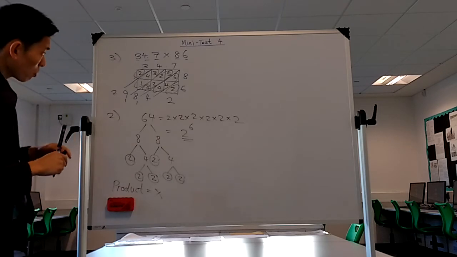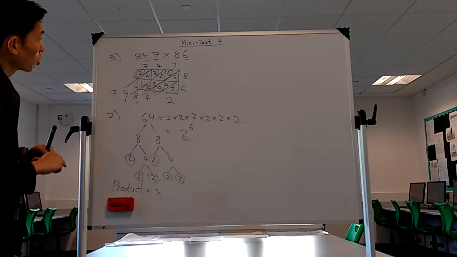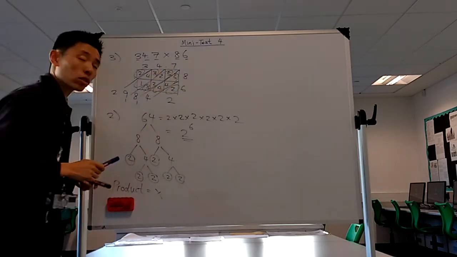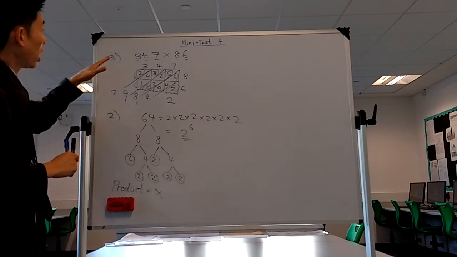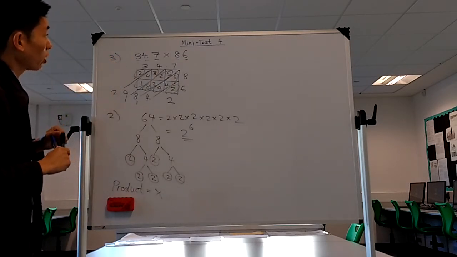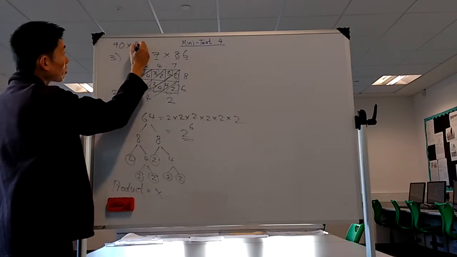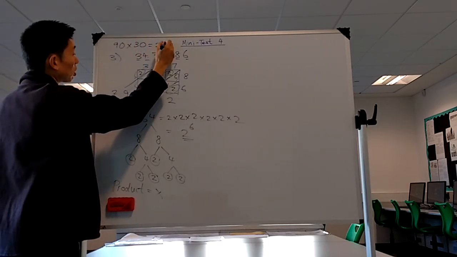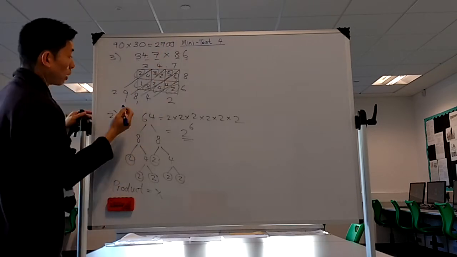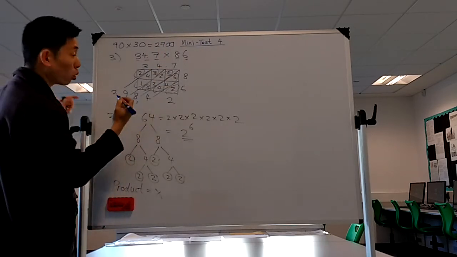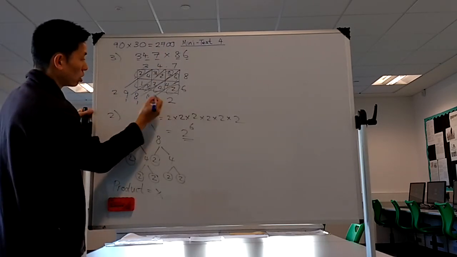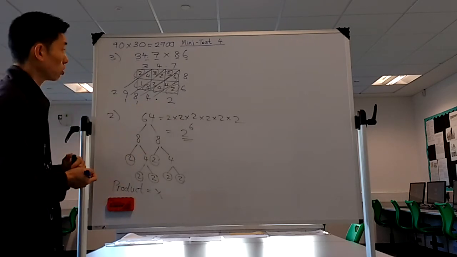So now we need to put a decimal point. Since 86 is roughly 90, and 34 is roughly 30, 90 times 30 is roughly 2,700. So I'm expecting a number in thousands, so the most appropriate place to put the dot is there, in thousands.